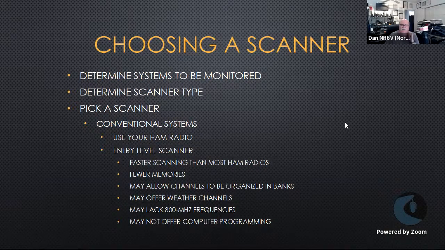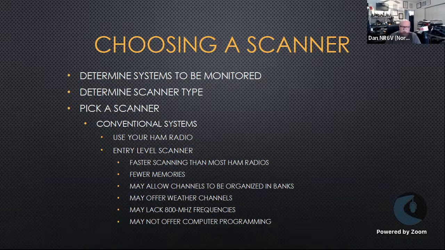Going to an entry-level scanner, and here we're talking about probably $100 to $150, you get faster scanning. They may have fewer memories than the more expensive scanners, but typically they're going to have 100 memories or more, which for most people is enough. They may allow you to organize your frequencies into banks.